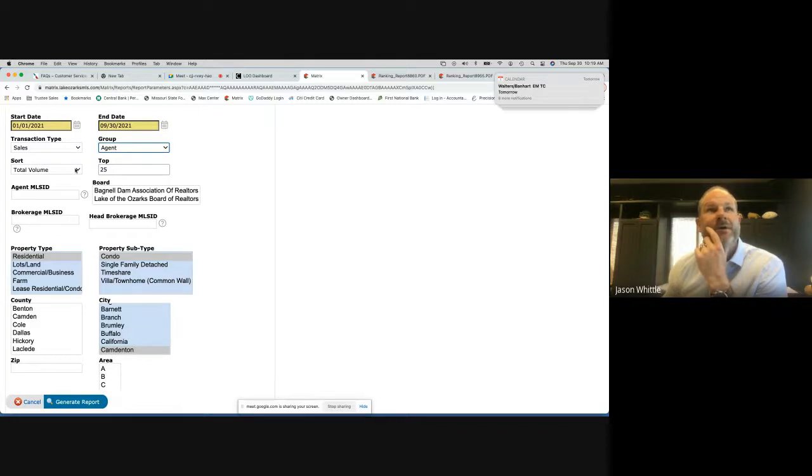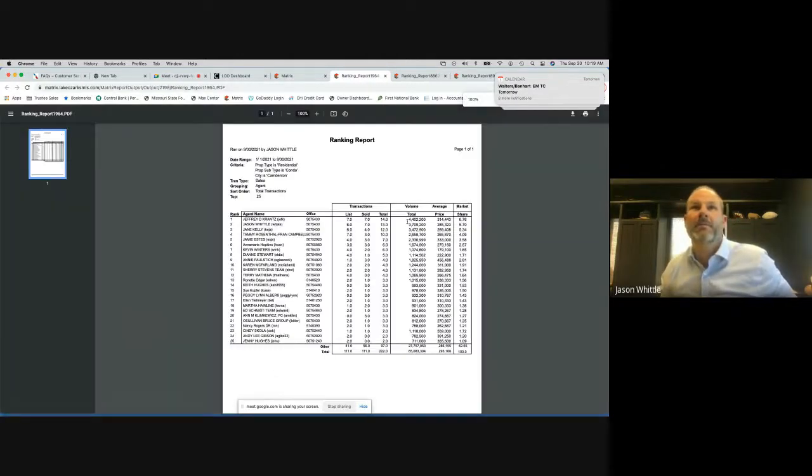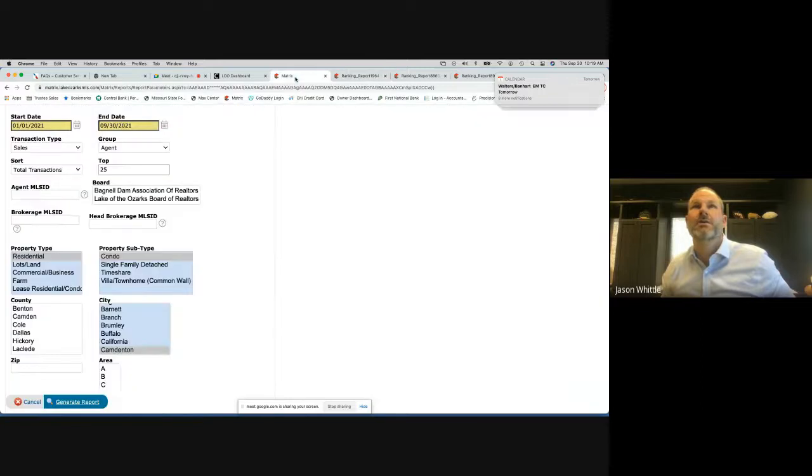You can also sort it. Say you've got a bunch of transactions, but your average price isn't that high, so you want to sort by transactions as opposed to volume. But maybe you've sold one big home, a $1 million home, but you've only sold a couple, and you want it to look like you dominate the market.